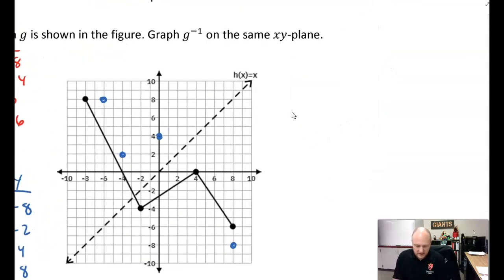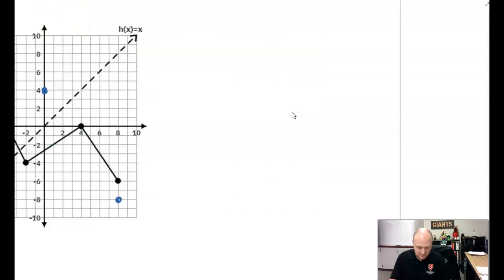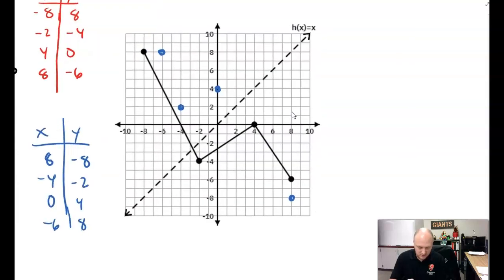So I can go ahead and I can put these together. And then I can draw a straight line. All right, so there we go. And then these 2 points, like that. Okay, and then these 2 points, lastly.